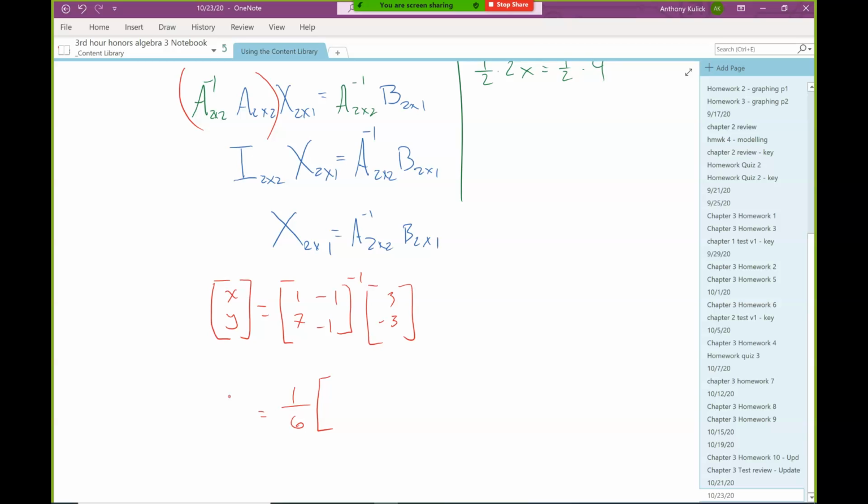Okay. And now I have to rearrange that matrix A. So the first and the last element switch locations. And then the other two elements we negate. So negative of a -1 is +1, and negative of a +7 is -7.